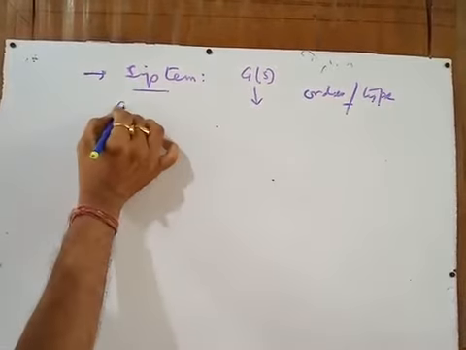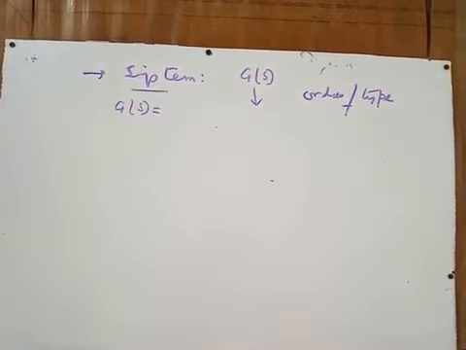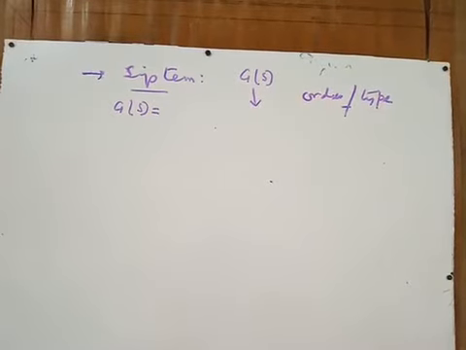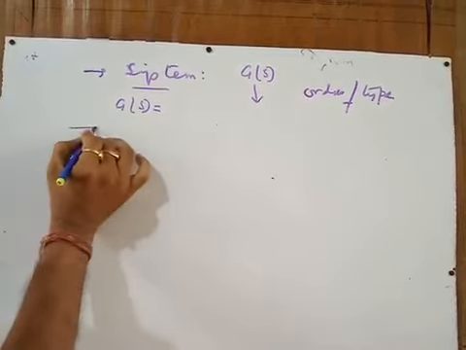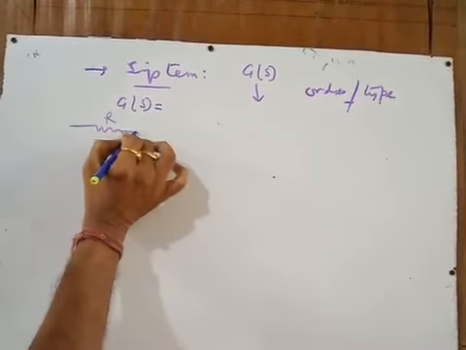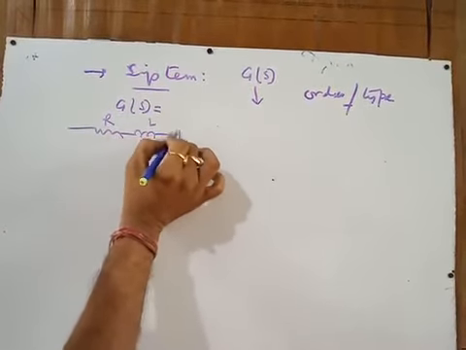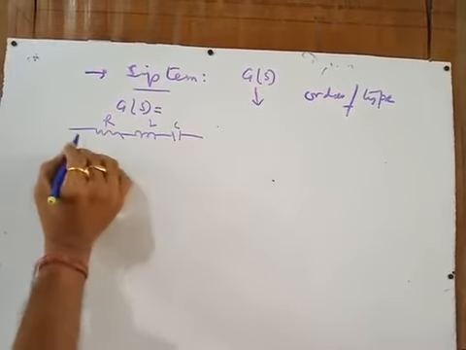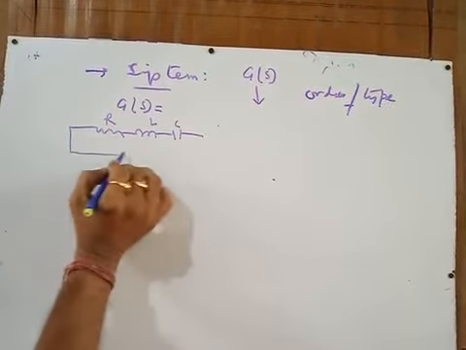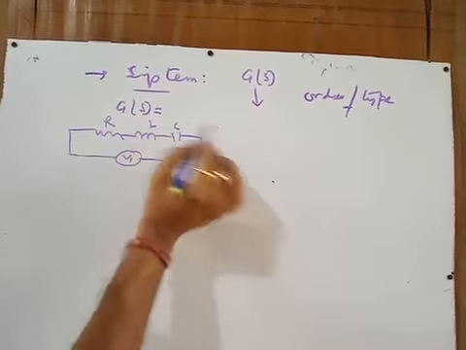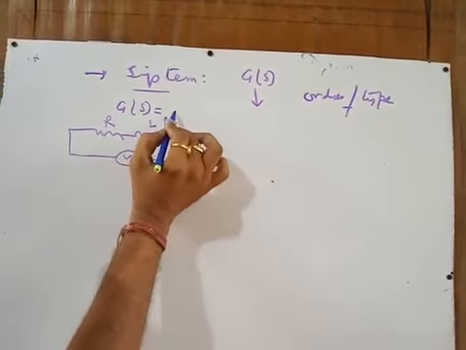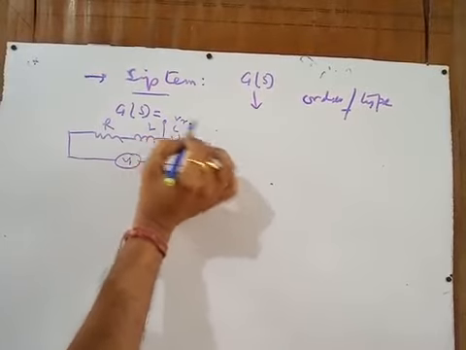Say for example, we get the transfer function of a series RLC circuit. So this is R, L and C, this is your applied voltage V1, and you get V2 across the capacitor.